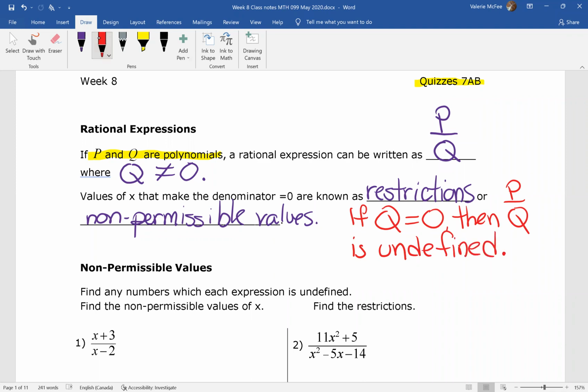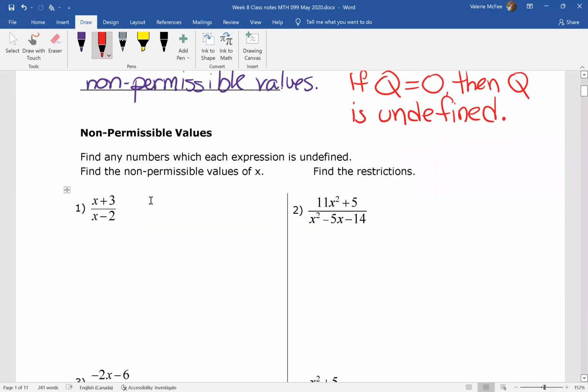So when we're asked to find numbers for which the expression is undefined, we're looking at the denominator. We're going to say that the denominator cannot equal 0. Find the non-permissible values of x, or find the restrictions.